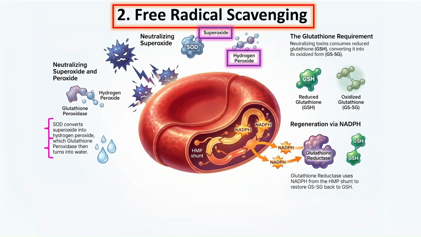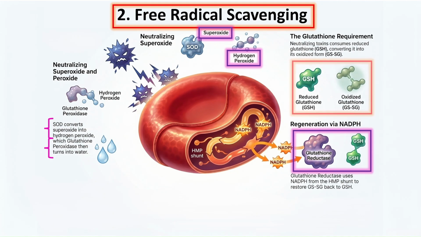This reaction requires reduced glutathione, GSH, as a donor molecule. During the reaction, the reduced glutathione is converted into its oxidized form. The reduced form is represented as GSH and the oxidized form as GSSG.